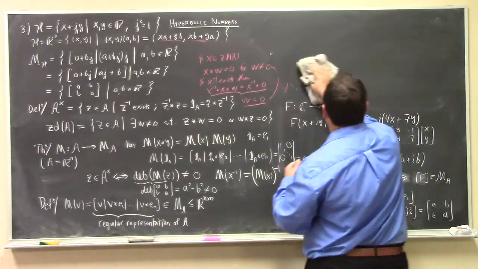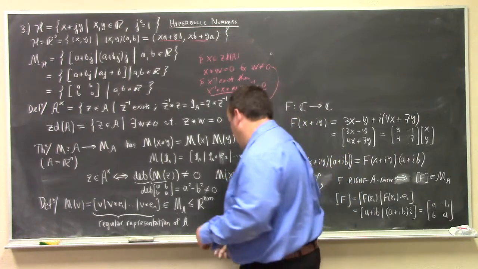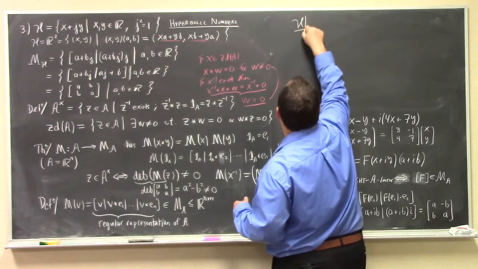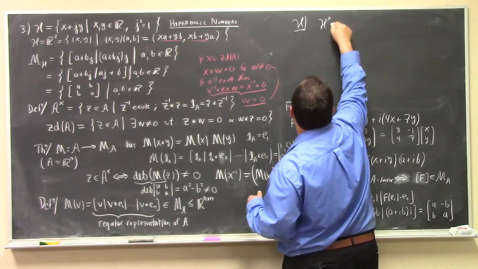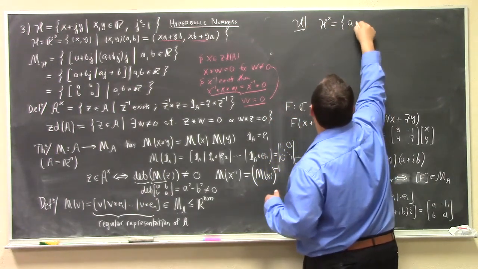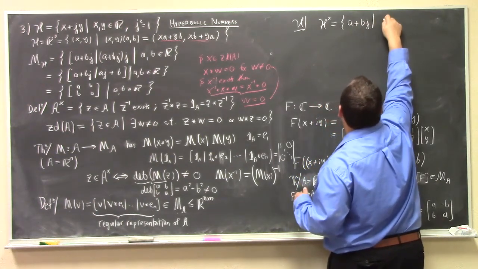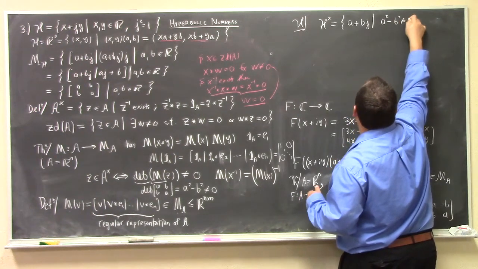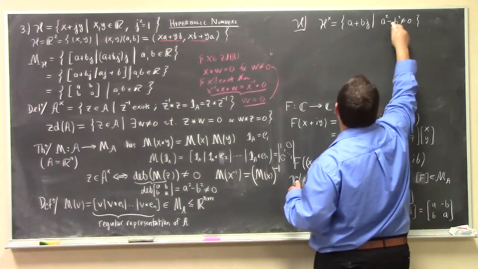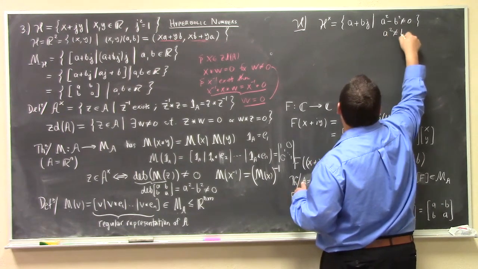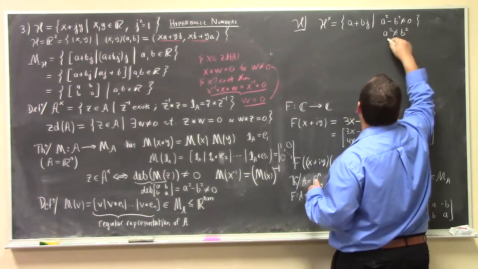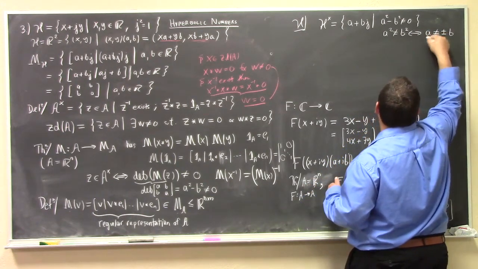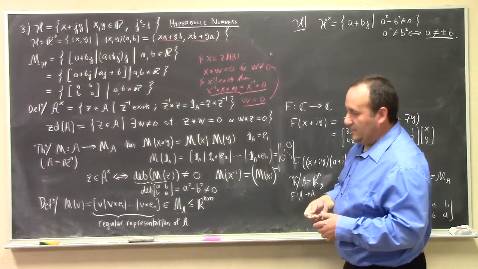So that would be 1 plus J. Yes, 1 plus J. So for H, invertible things have the form A plus BJ, such that A squared minus B squared is not equal to 0, which of course is entirely equivalent to A squared is not equal to B squared, which is entirely equivalent to A not equal to plus or minus B. And that's often a convenient way to think about it.